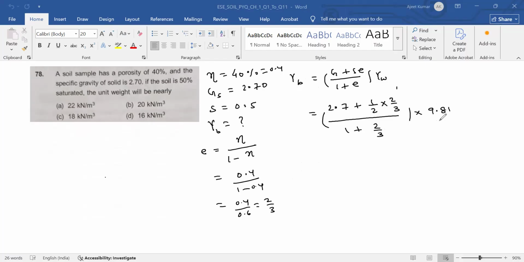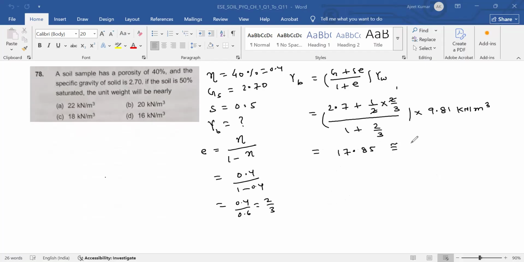Kilonewton per meter cube. So this 2 and 2 get cancelled out. When you calculate this, you will get 17.85 kilonewton per meter cube.